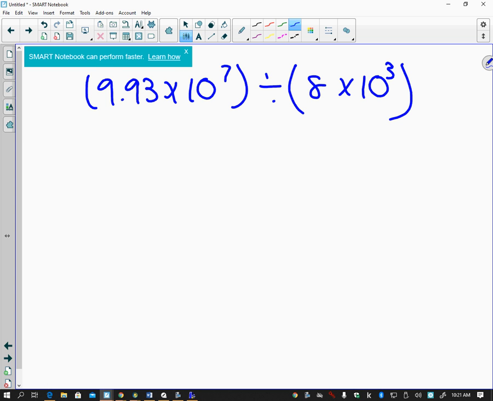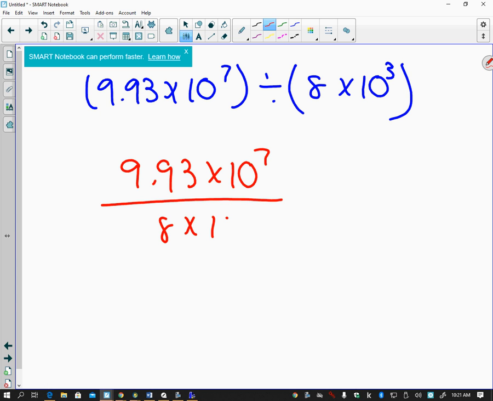What I would do is write it up with a division bar to make it a little easier on myself. So I would probably write it like this: 9.93 times 10 to the 7th over 8 times 10 to the 3rd. Is this something that you want to see worked out?